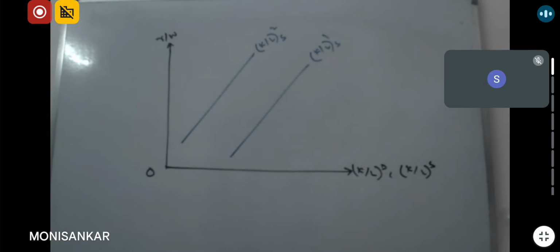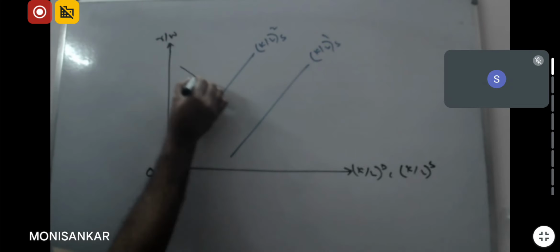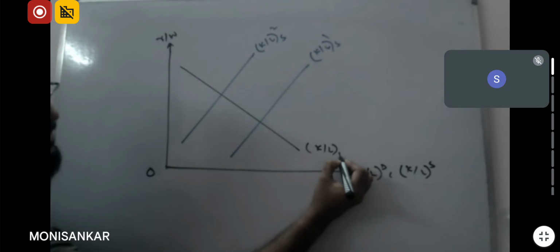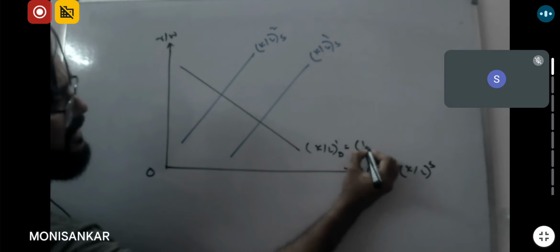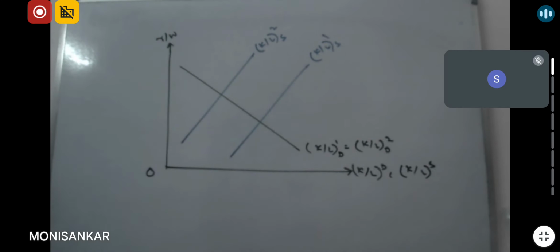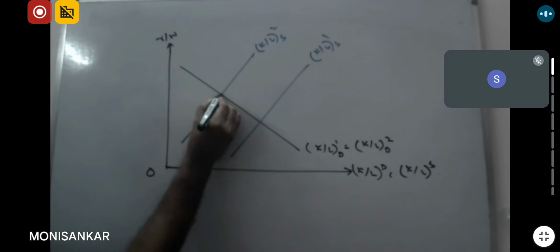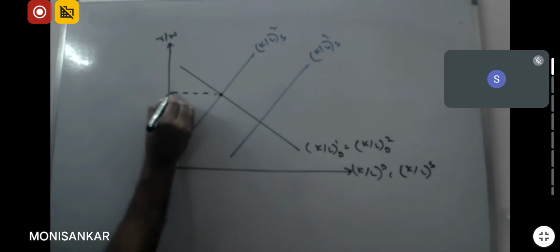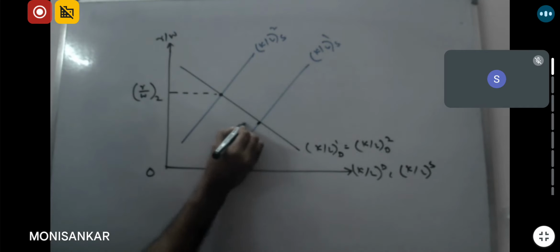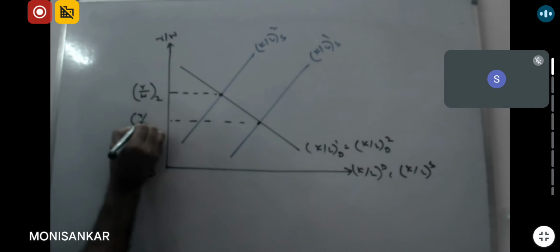So when supply is greater, if we consider that the K by L demand in country 1 and the K by L demand in country 2 are both identical, then this is R by W in country 2 and this is R by W in country 1.